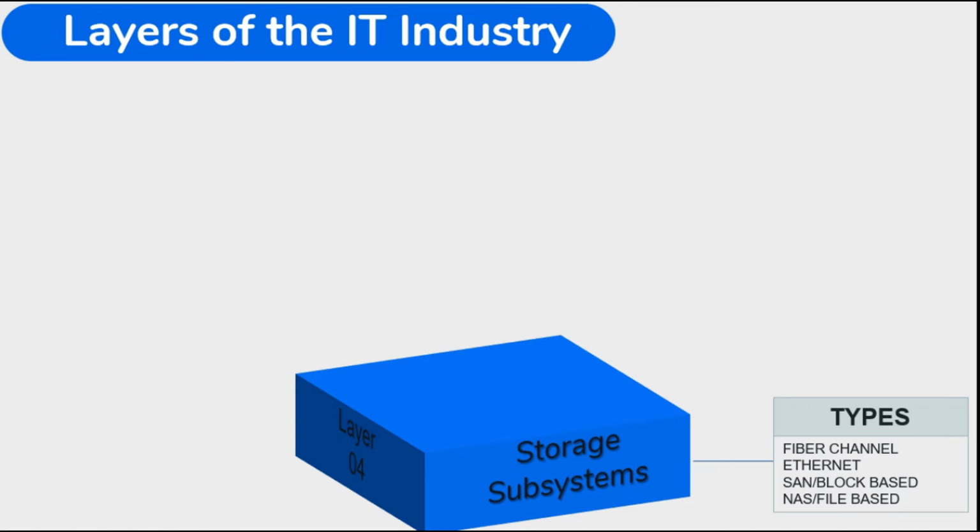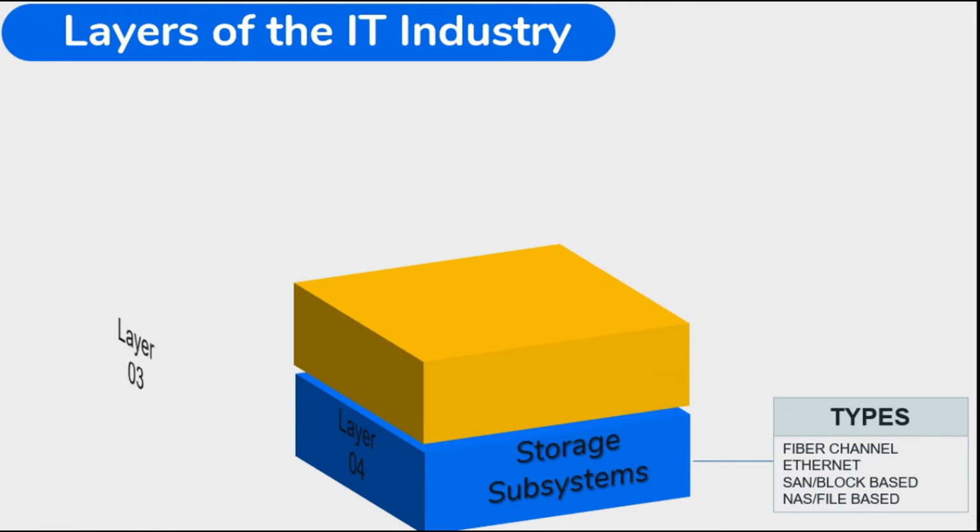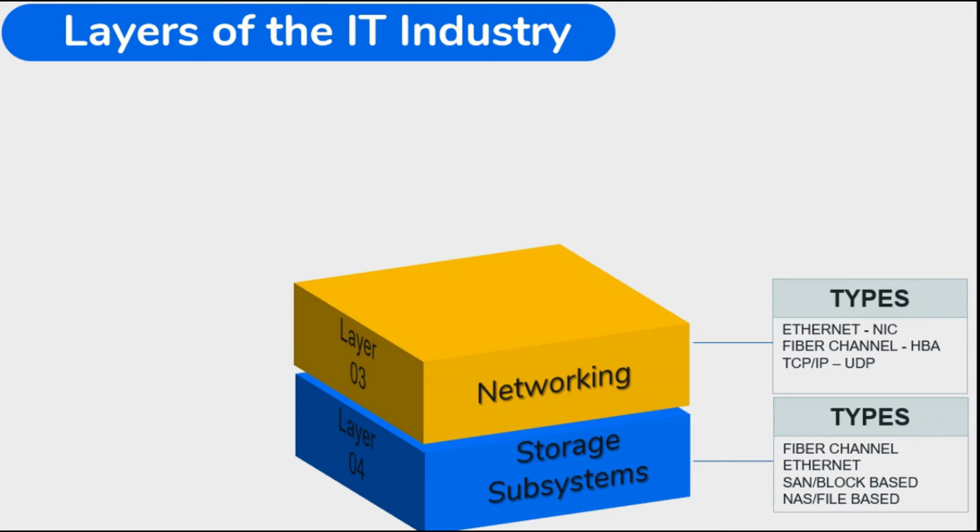Now, let's look at layer 3, and layer 3 is the networking. And within the networking, you have Ethernet networking and fiber channel networking. Ethernet networking are devices which communicate through LAN cables, and you have a NIC card at both the receiving end and the sending end.